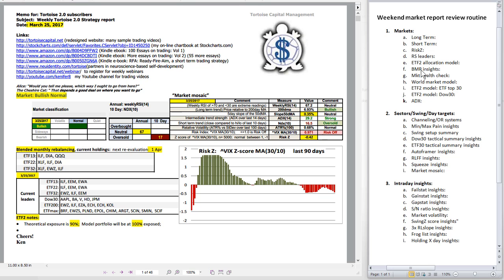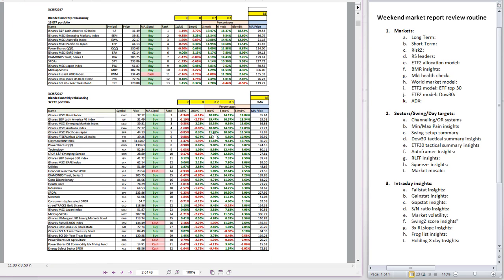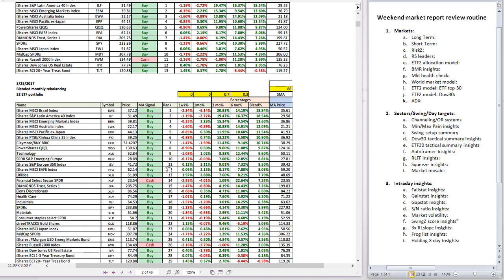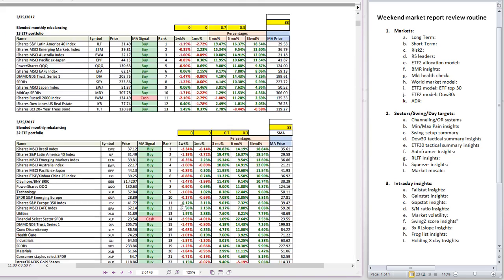Next, we're going to look at some blended monthly rebalancing insights through some different portfolios. And so in the ETF 13, notice everything's on a buy signal except for U.S. small caps. We know right now small caps are lagging the rest of the global markets. Latin America, emerging markets, Australia, Asia, less Japan. The first U.S.